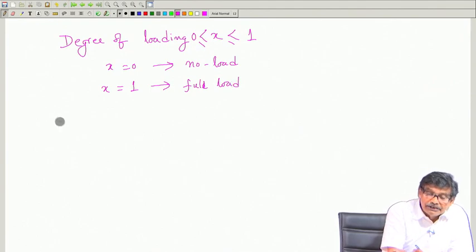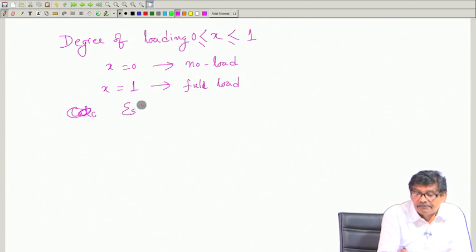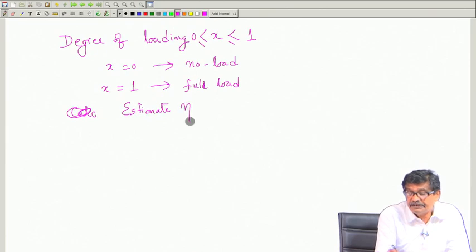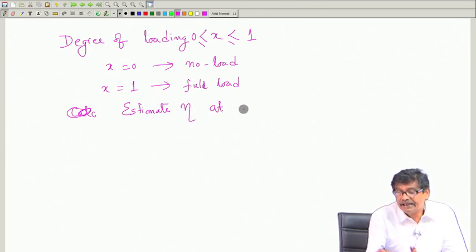So, we would like to estimate the efficiency at x degree of loading.